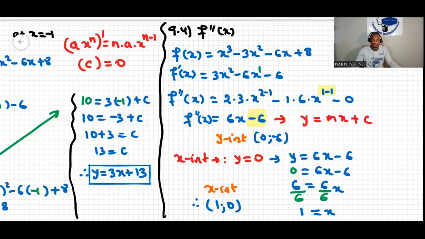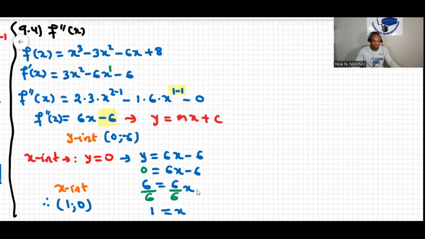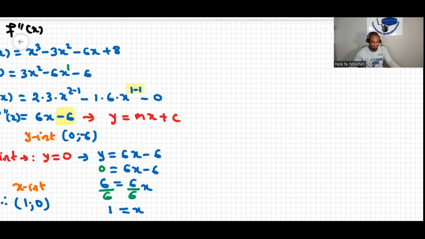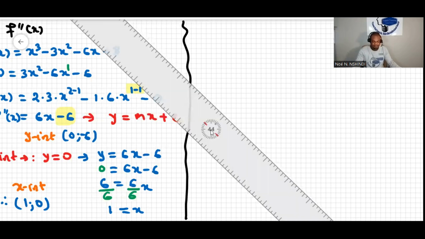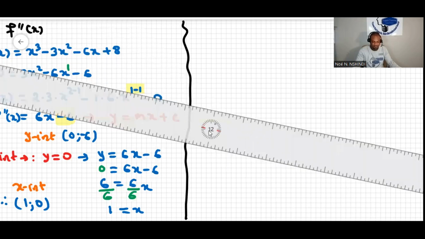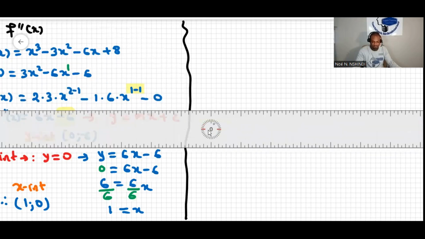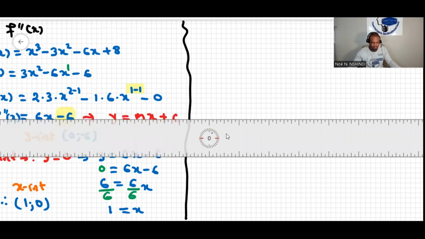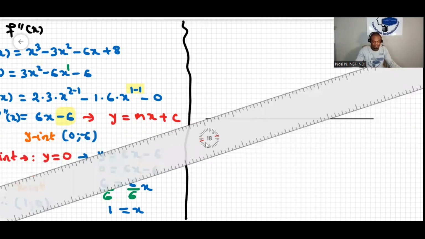With 2 points, we can draw a straight line. So now let's draw it.